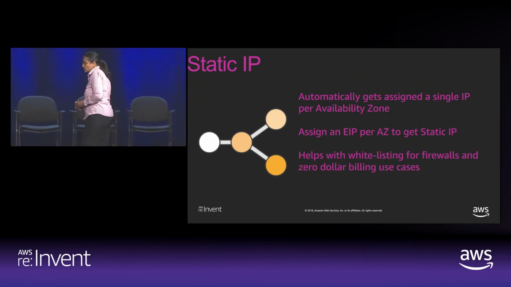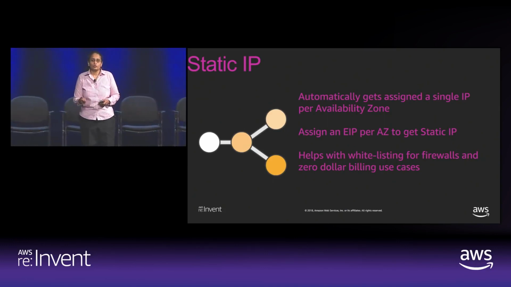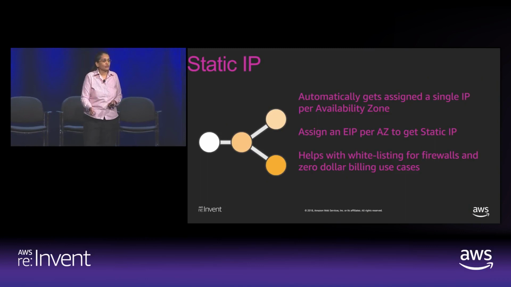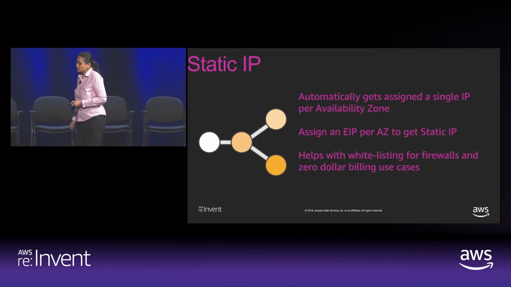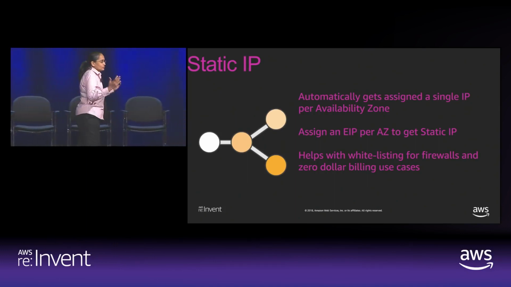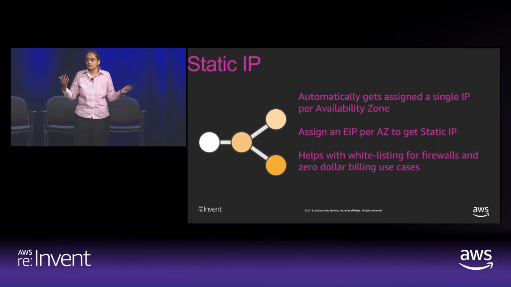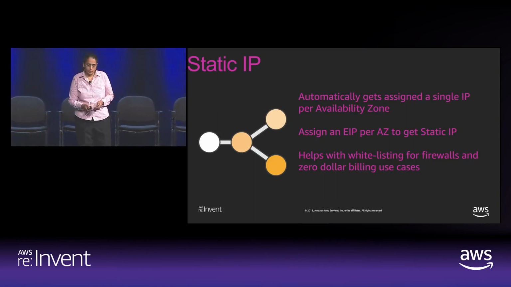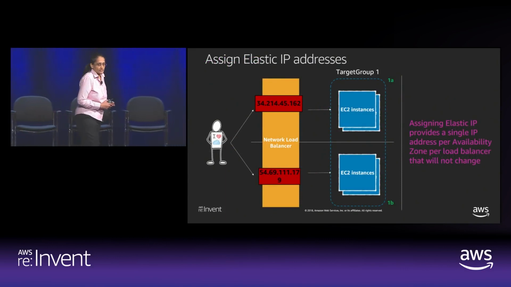One simple use case is you can use that single IP to whitelist your firewalls. You're dealing with a single IP, your IP management becomes much simpler, and configuring your load balancer becomes much simpler. One other use case that we are seeing a lot is zeroing out a bill for a certain mobile application or any specific application that you want. So this is a simple example of a network load balancer with each of them having their unique EIPs per availability zone.